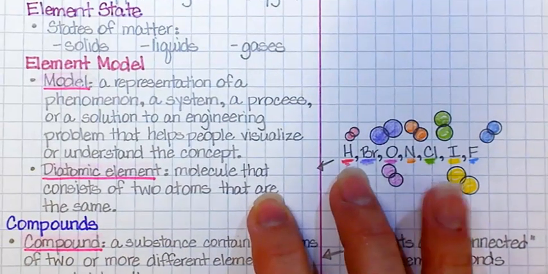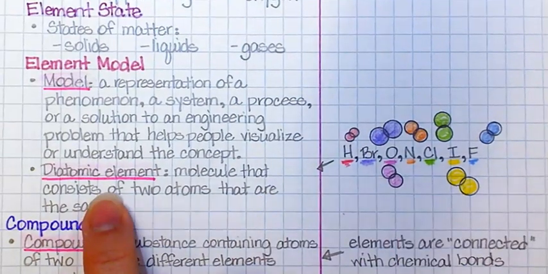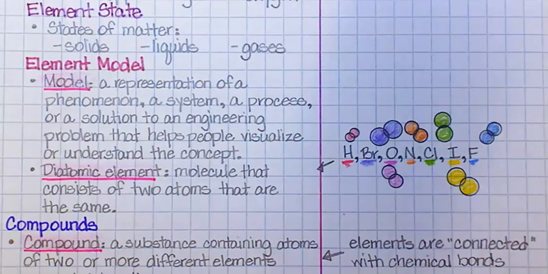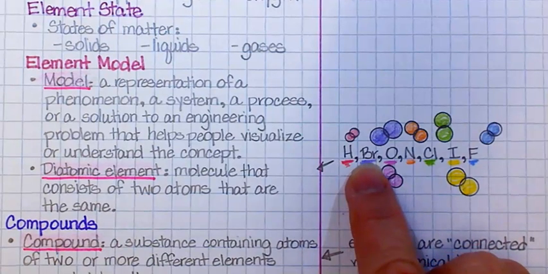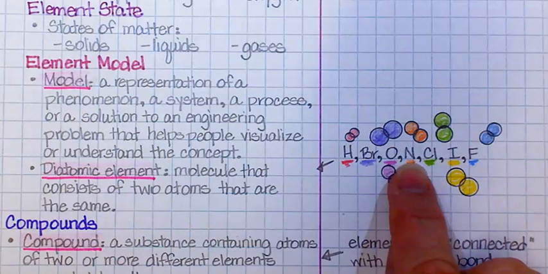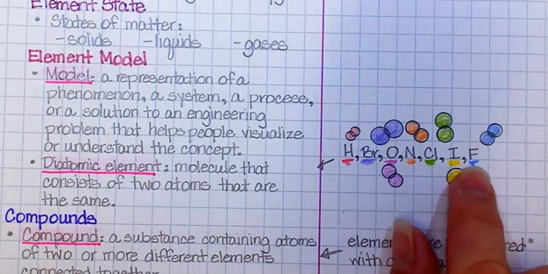I want to talk a little bit about this definition right here, a diatomic element. There are certain elements that like to hang out in pairs when they are by themselves. And those elements are hydrogen, bromine, oxygen, nitrogen, chlorine, iodine, and fluorine.